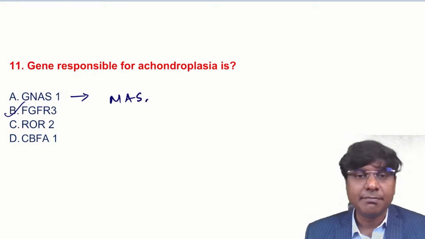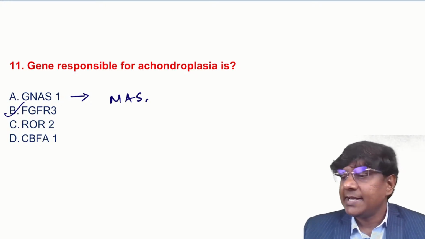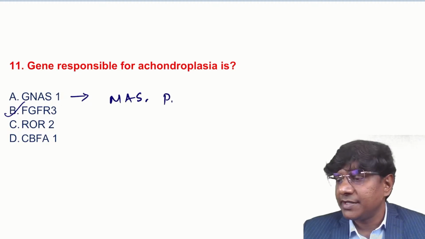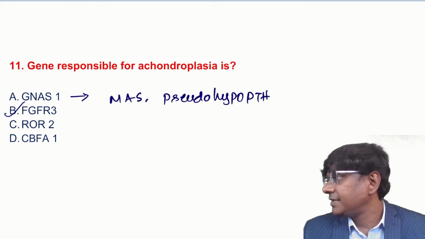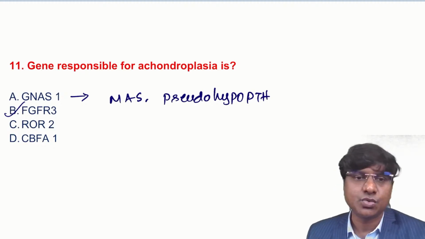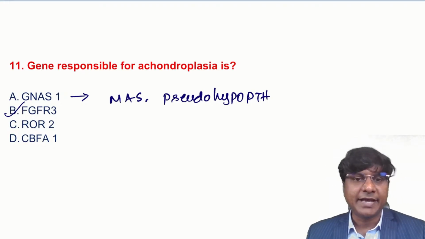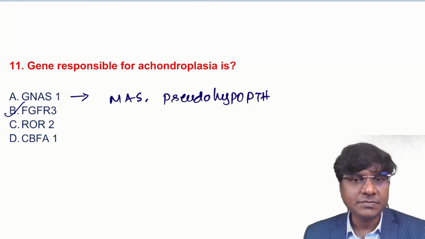Another condition where you will have GNAS1 is pseudohypoparathyroidism, with a GNAS1 gene mutation. These are the two conditions where you will have GNAS1: McCune-Albright syndrome and pseudohypoparathyroidism. Right?